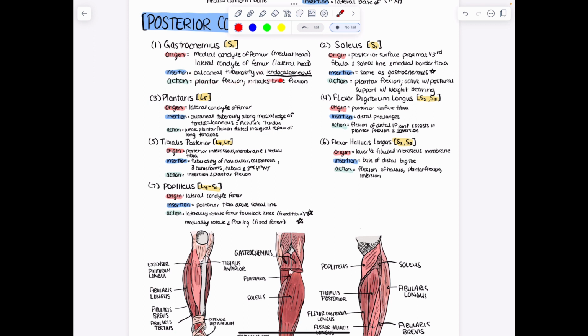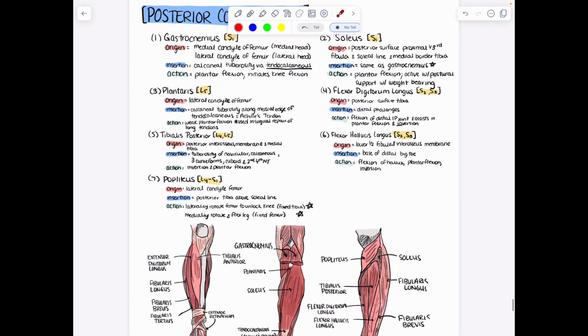Gastroc is attached to the Achilles tendon, right, the calcaneal tendon. So that's its insertion. And then we also have popliteus, which unlocks the knee. That's an important one that I like to focus on, because it helps to unlock the knee.